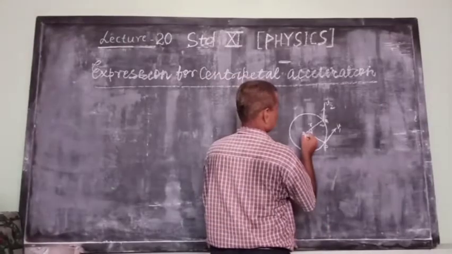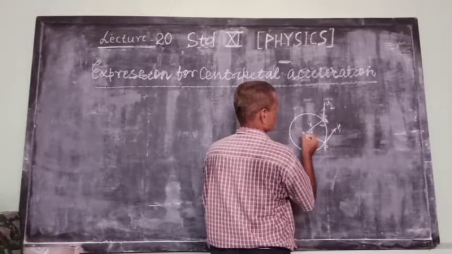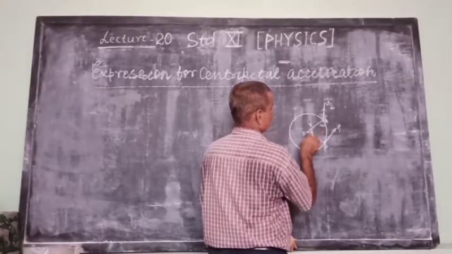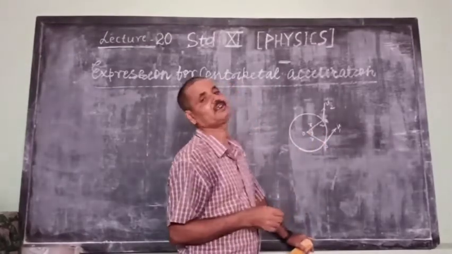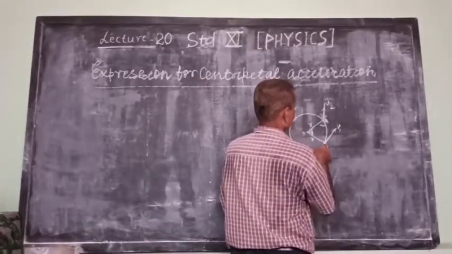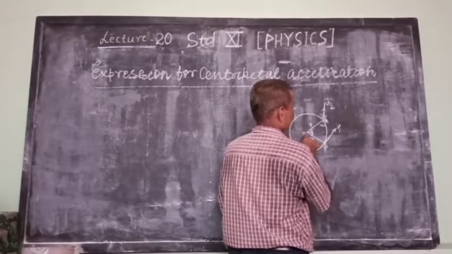And this is the center of the circular path, means the center of the circle, and this is the angle subtended, that is d theta, the angle between these 2 points from the center.